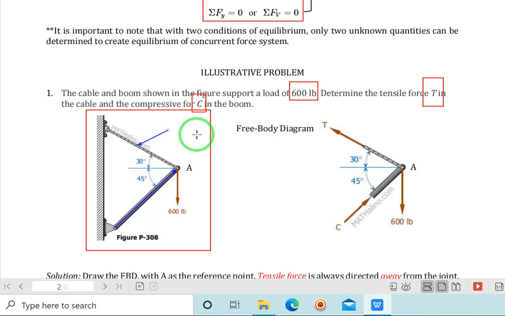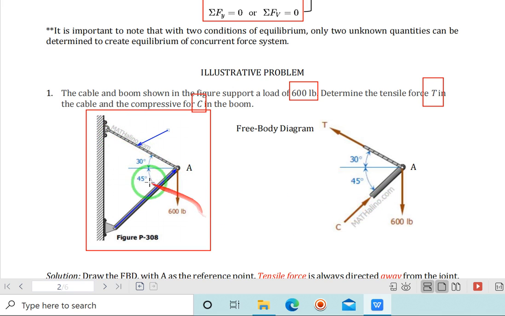Recall that a cable is only capable of carrying tensile force. The boom can take compression or tension, but based on the diagram, the boom will undergo compression, carrying a compressive force, while your cable will carry tensile force.